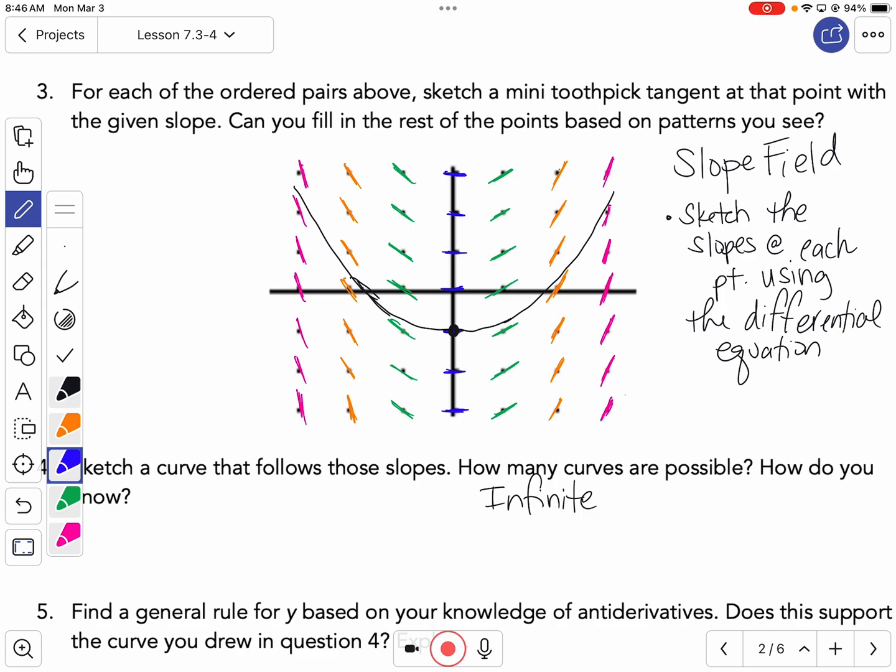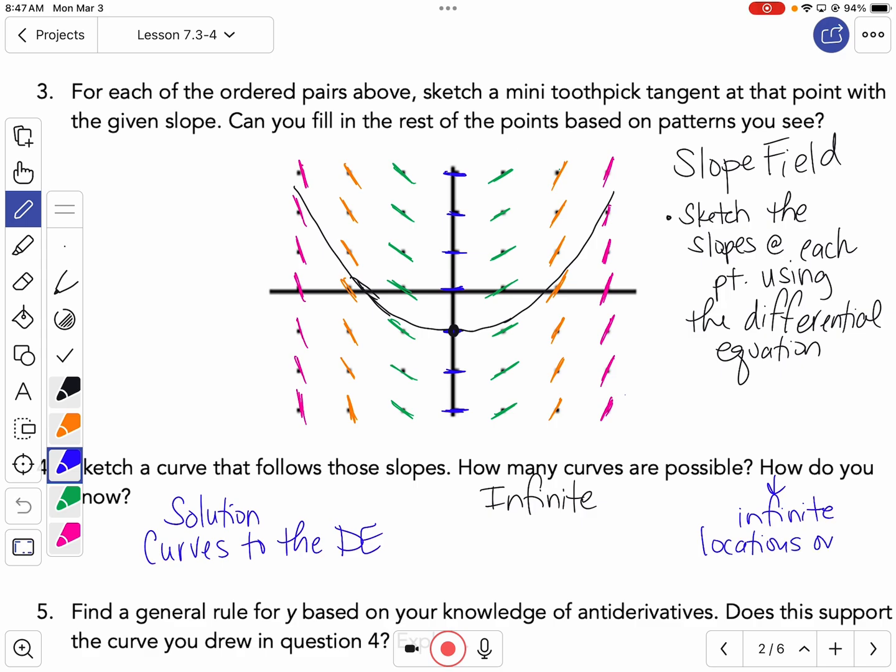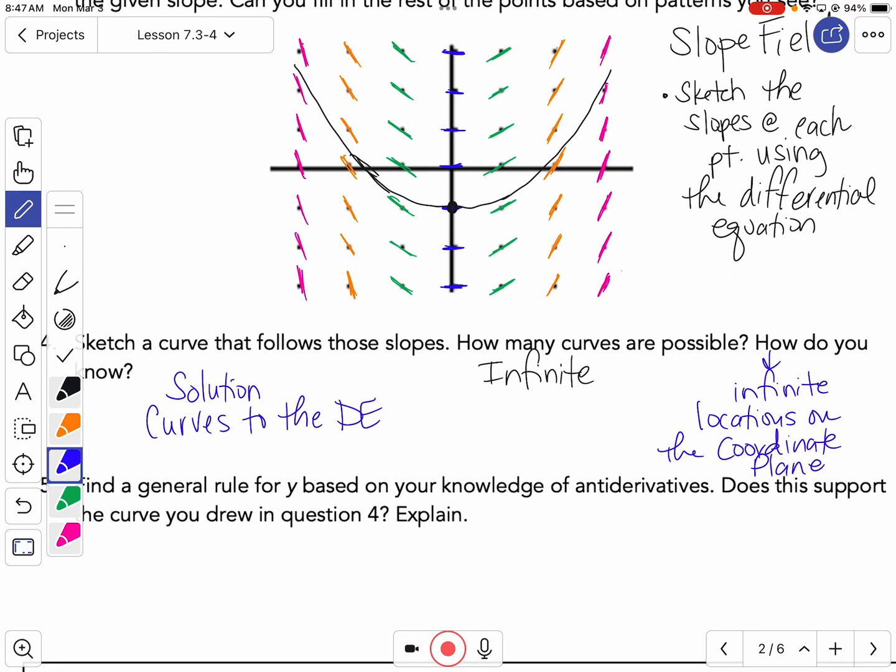What we're actually drawing are solution curves to the differential equation. So a slope field is showing me all those solution curves to the differential equation.